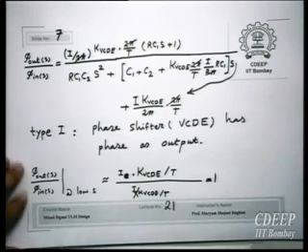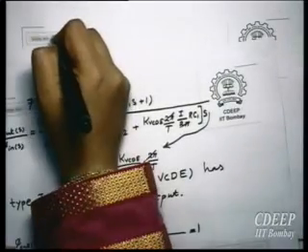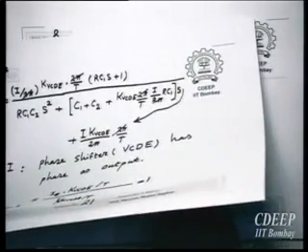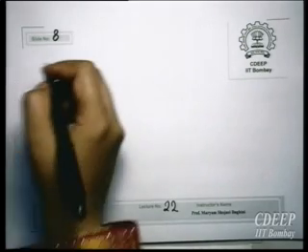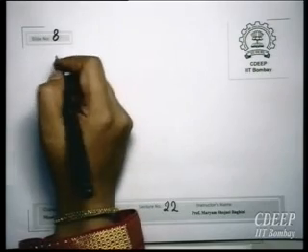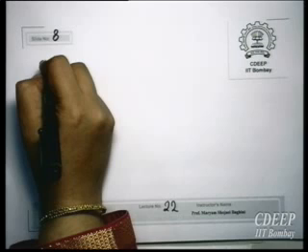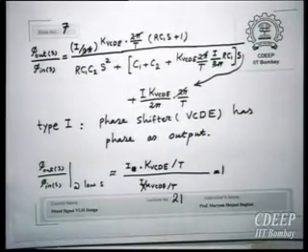Now, but what will be the amount of error? No, but here there is a conflict. It's very interesting. If phi out can follow phi in, these are small signal values, then the steady state error should be 0.